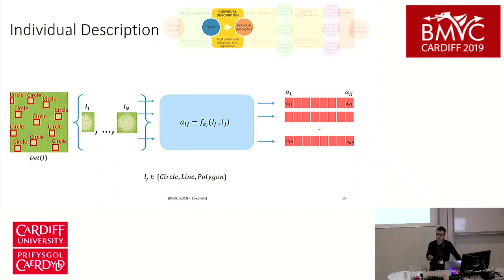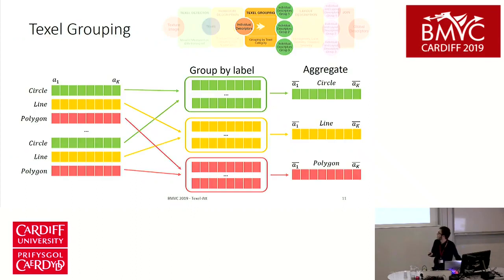These functions can be simple algorithms, such as the computation of a color histogram or the shape orientation, and so on. So for each texel, we have an attribute vector that describes the individual visual properties of the texel. At the end of this step, we have one attribute vector for each texel, and this is the input of the following step, which is the texel grouping, in which we take all of the attribute vectors and we separate them by their class.